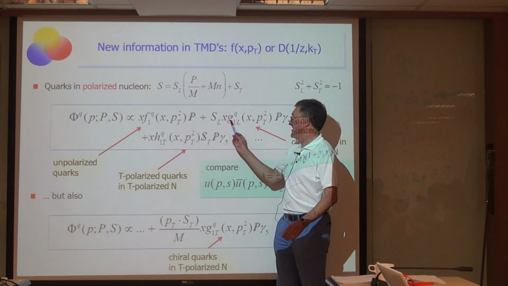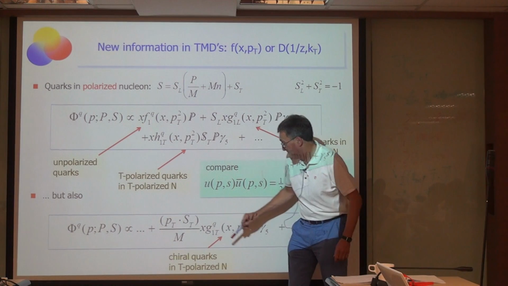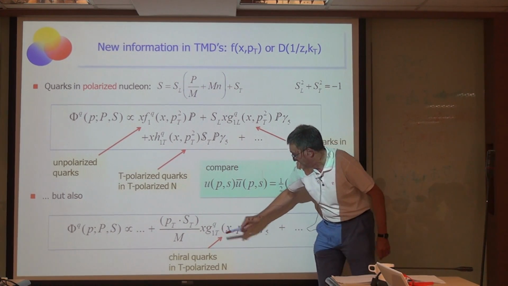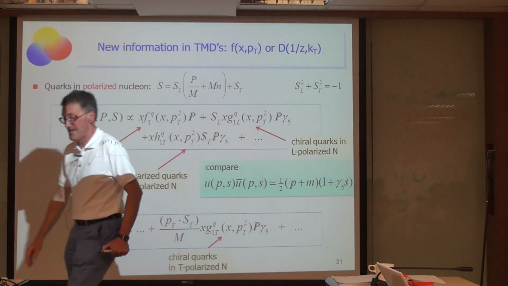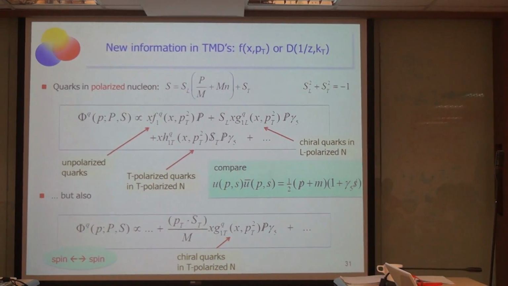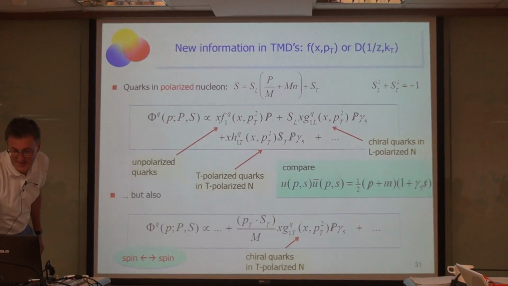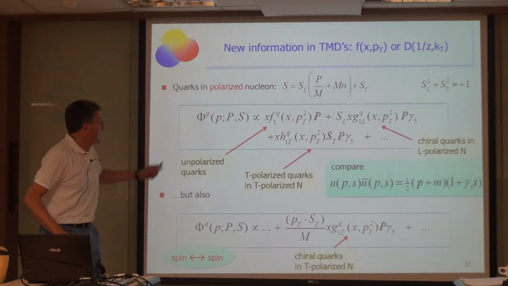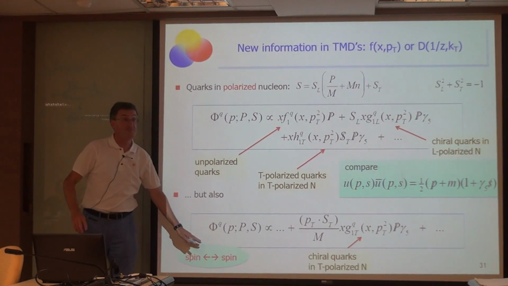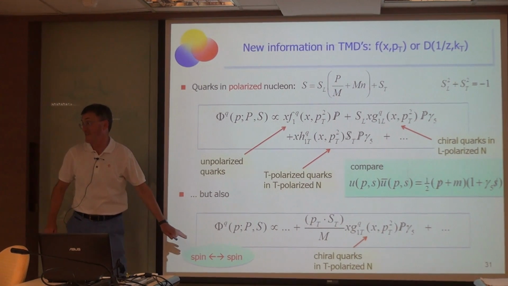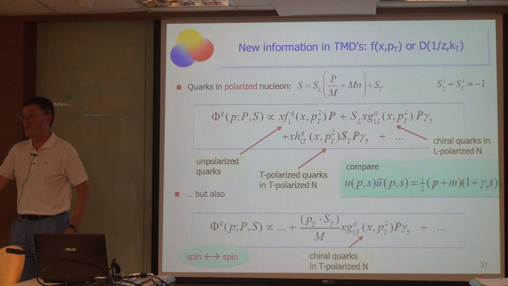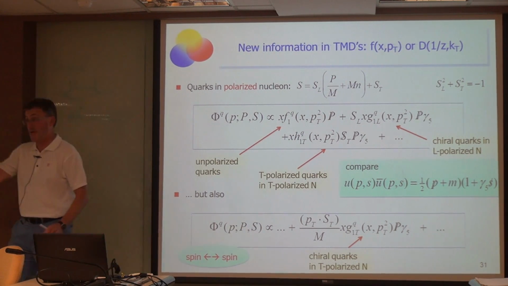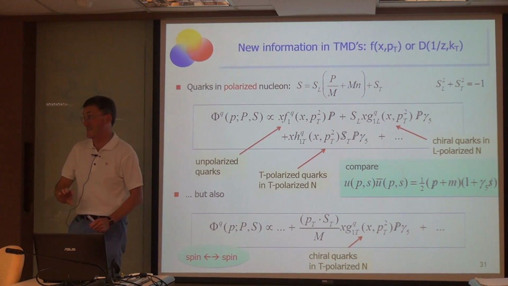So here you would have G1L and H1T, and then with PT you have G1T and H1L. In the full expression you will see an H1L popping up. So that's the two additional ones that you can have. All of these are spin-spin correlations. You always have polarized quarks in a polarized target, unpolarized quarks in an unpolarized target.